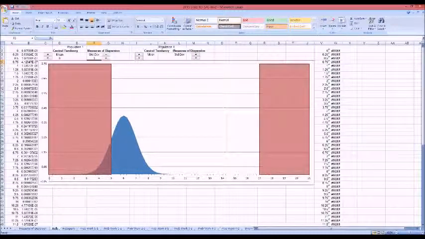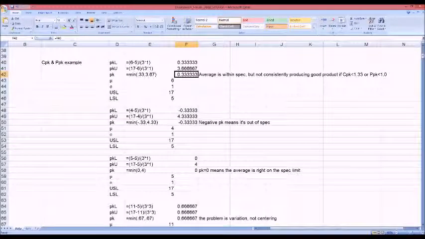And I mentioned your average, which is the top of this bell, is within spec, right? Because it's positive. Just remember that. If it's positive, that means it's at least within spec, okay? But you are producing bad product because you're less than the 1 or 1.33, okay? And this will start making sense as we go on here.